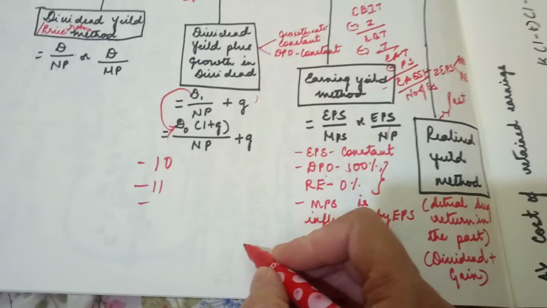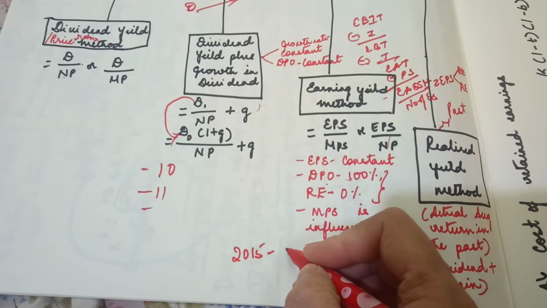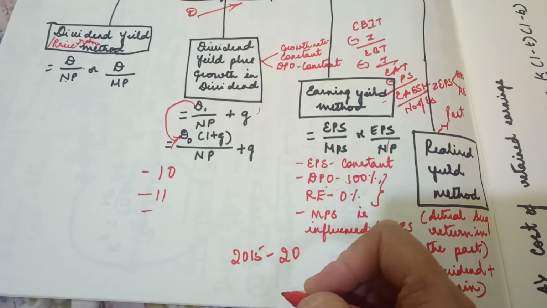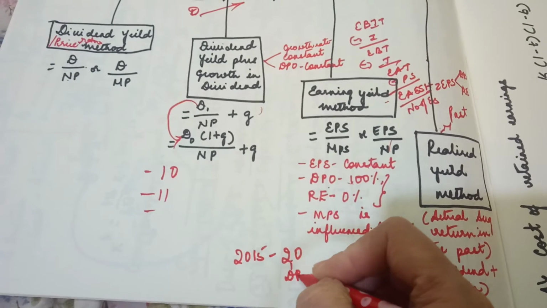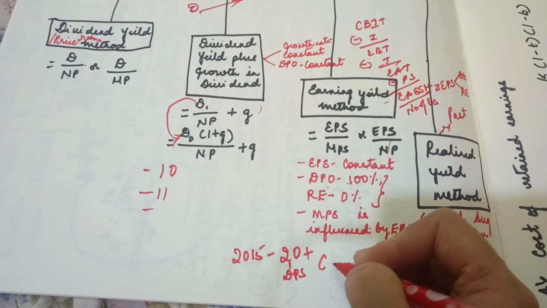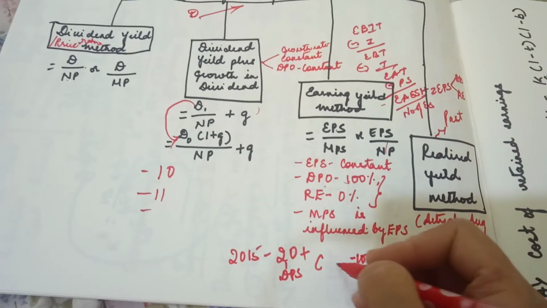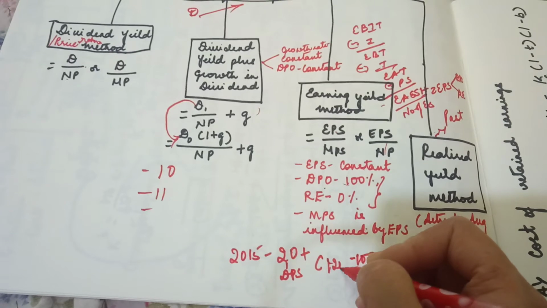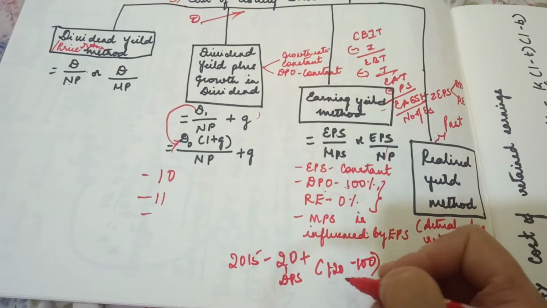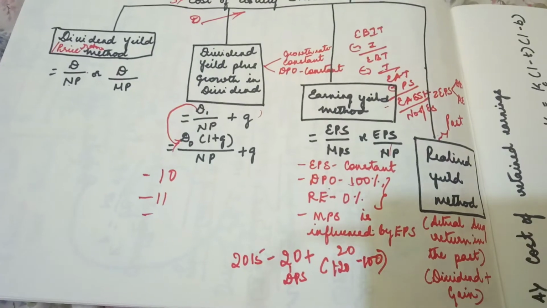I'll tell you a simple example, girls. In 2015 maybe you would have received 20 rupees dividend per share, plus let's assume that you invested in a share for 100 rupees and you sold it for 120 rupees. So here the capital gain for holding the share is 20.